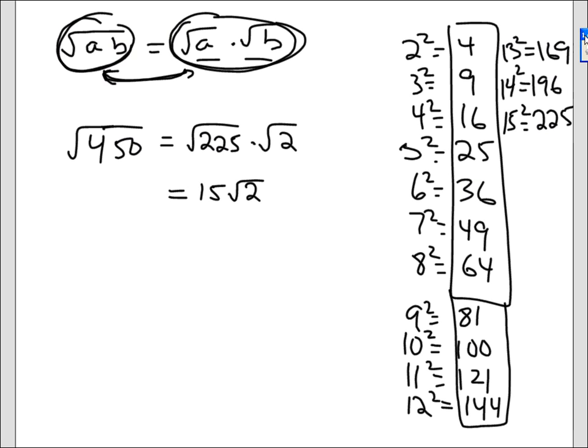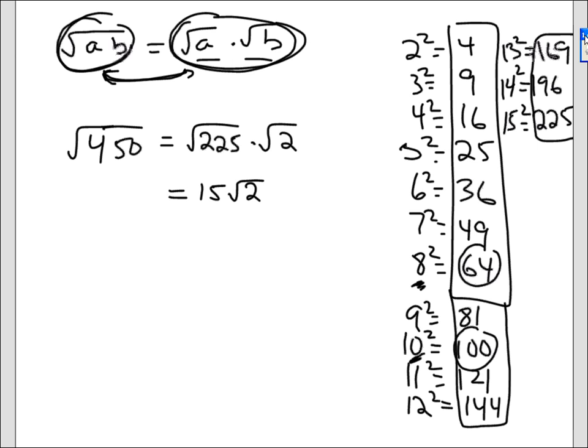You know the square roots of all the numbers that are boxed. For example, the square root of 64 is 8. The square root of 100 is 10. You know the square roots of all those numbers.